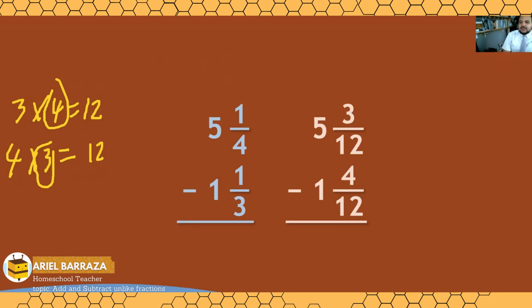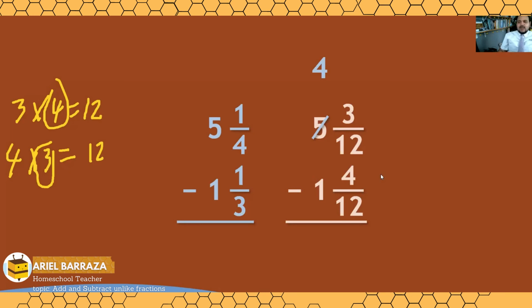3 minus 4 is 1, right? Is that correct? No, it's incorrect. You can't subtract 4 from 3. So I need to borrow 1 from my whole number. So we take 1 from 5, it will turn into 4. And that will make me a new fraction equal to 1 whole, which is 12/12. And I need to add that fraction to 3/12.